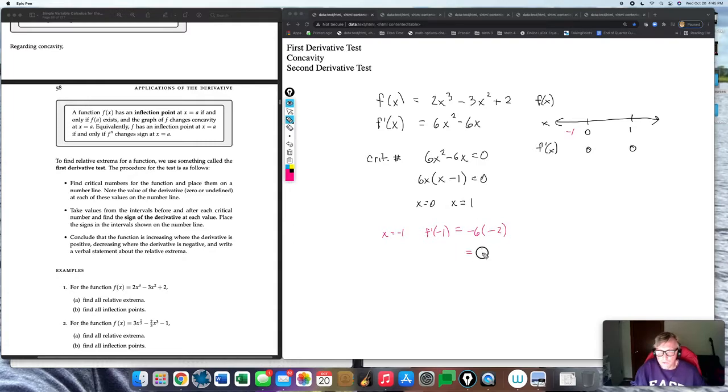And that's positive 12. I'm not so concerned about the 12, I'm really concerned about the positive. Okay, since the derivative is positive, we can conclude that our function is increasing. Okay, now you may have to rewind the video and watch that again.